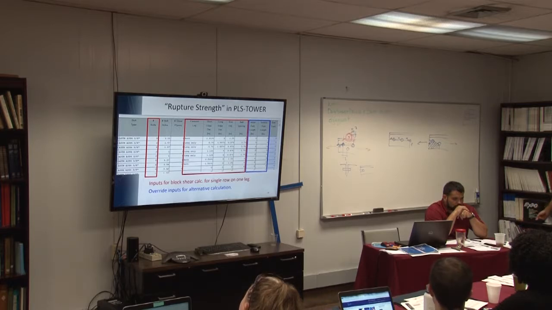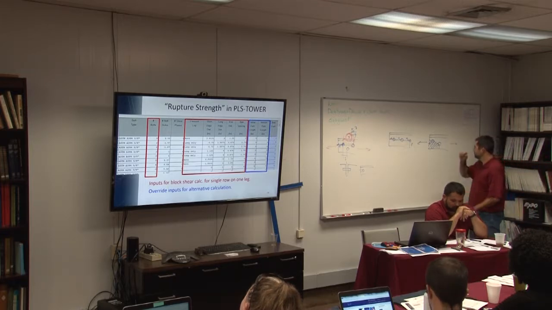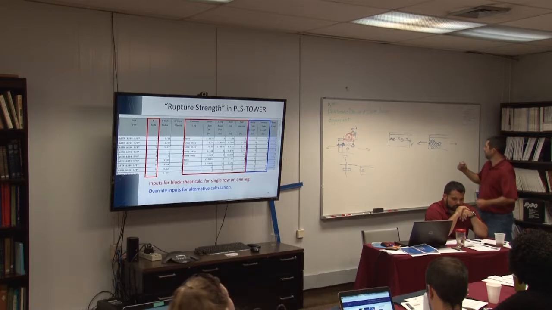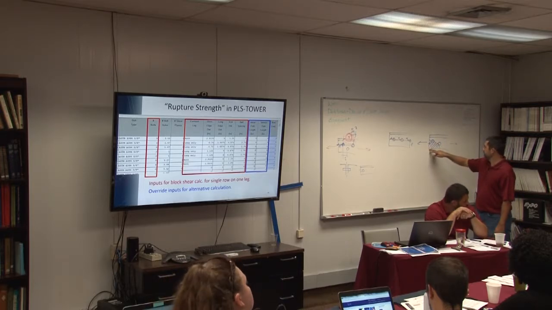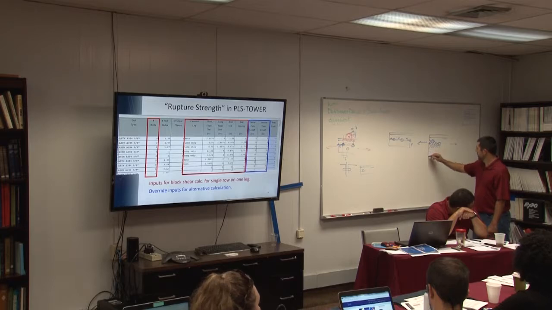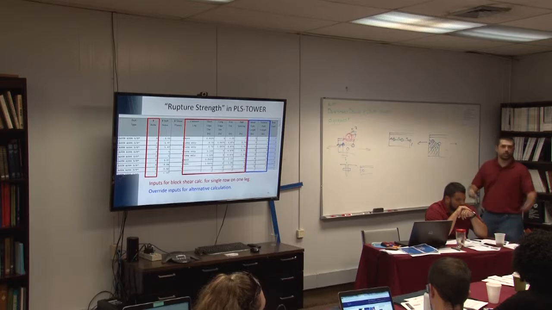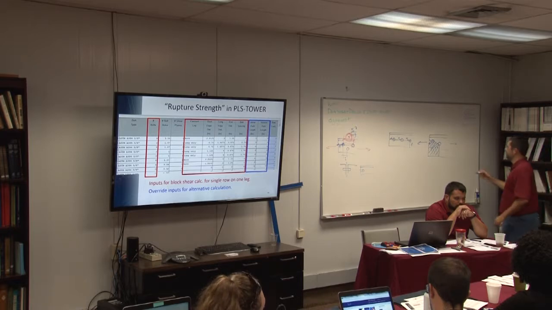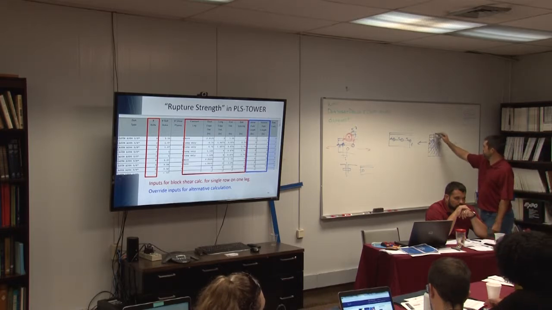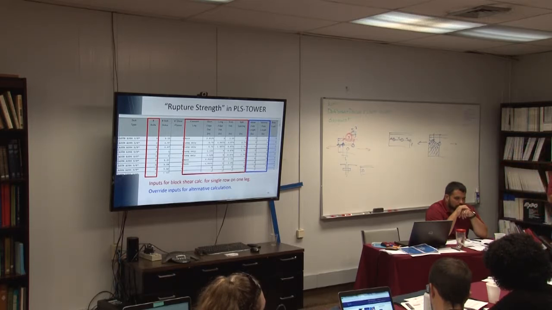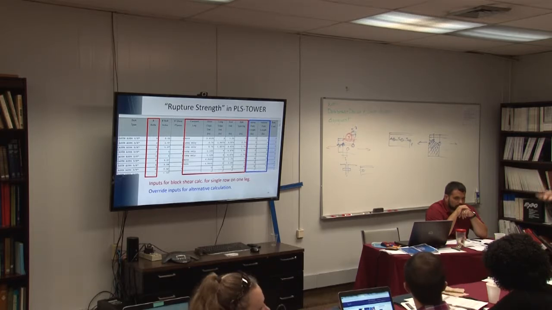If I had this bolt pattern but put it on a longer leg, then all of a sudden my rupture strength hasn't changed, but my block shear strength has gone up. I could have the same bolt pattern with the same distance from the heel, but if the leg it's on is a half an inch longer, then that might be all you need to make block shear no longer controlling. So you've got to check them all.